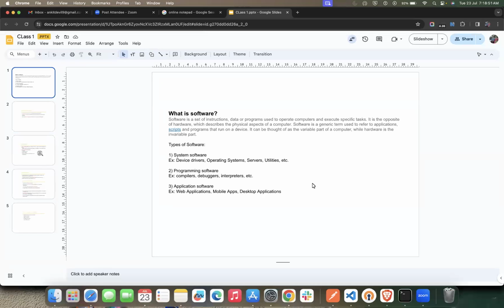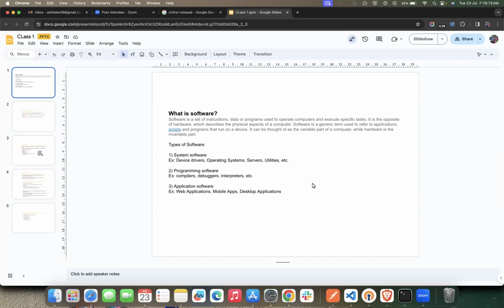And we can't communicate with that. Can't we just switch on and switch off, and the hardware would be able to understand? No, that's not that simple. So we need to convey our instructions to the machine, or the hardware part, in a language that is understandable to them. And that's the machine language.